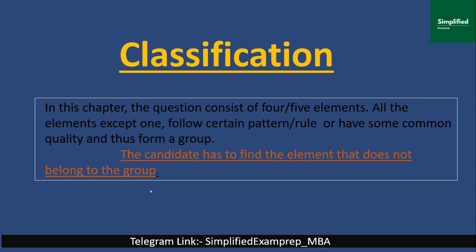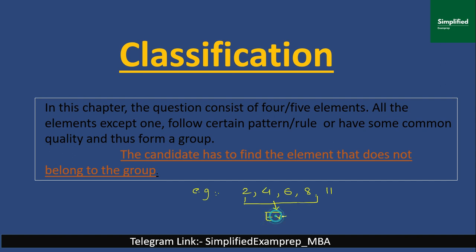Now let's understand with an example. See, I take here some elements: 2, 4, 6, 8 and 11. Now see, the first 4 elements follow the same pattern, or you can say rule. And what is this rule? 2, 4, 6, 8 all are even numbers.